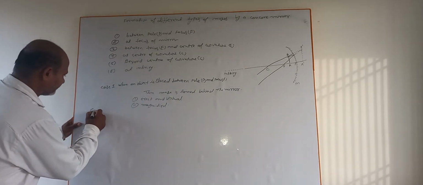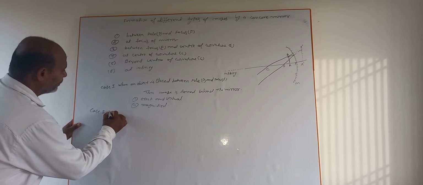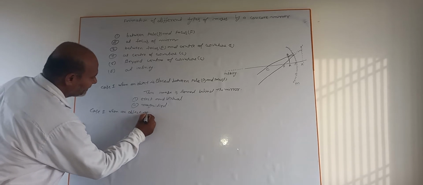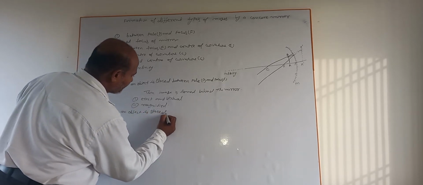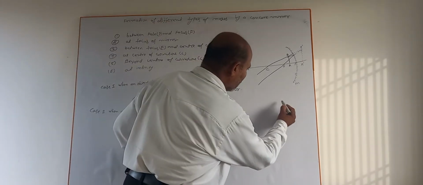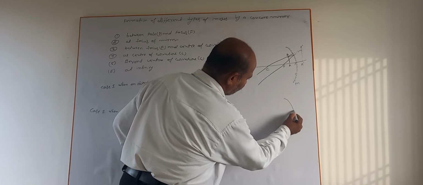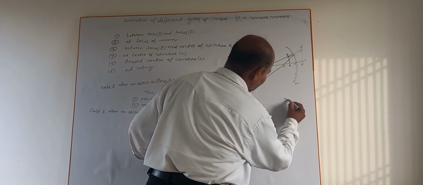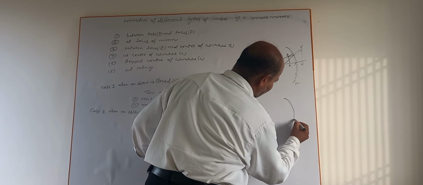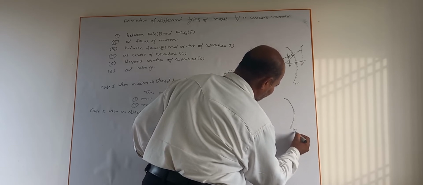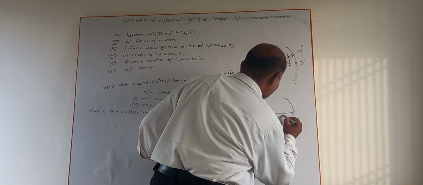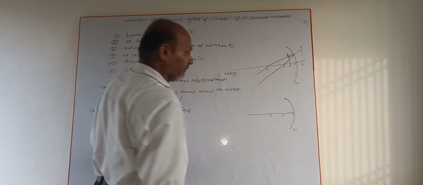Case second, when an object is placed at focus. Suppose that M is a concave mirror. P is its pole, F is its focus, and C is its center of curvature.